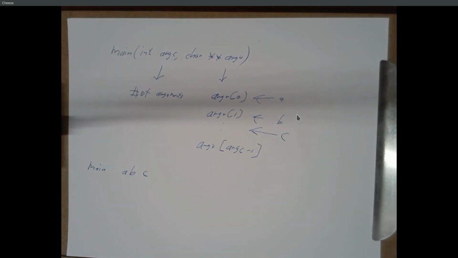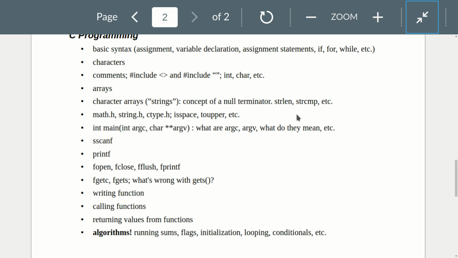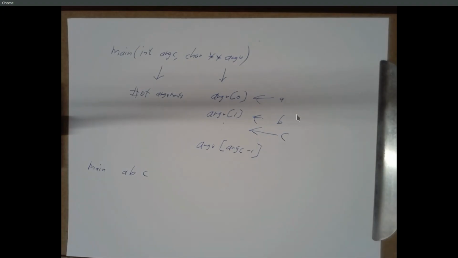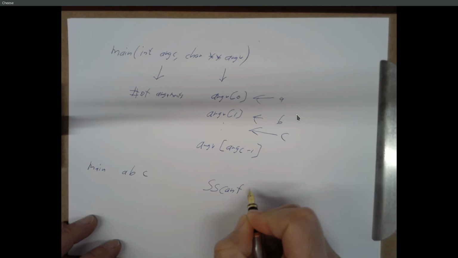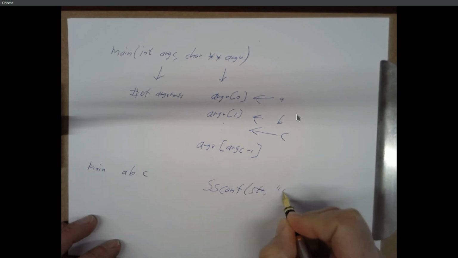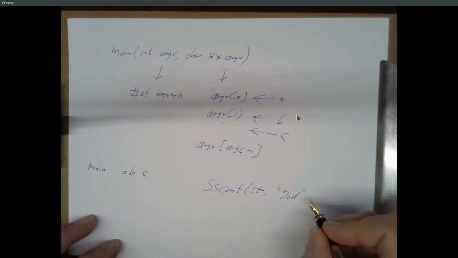So we use those for reading command line arguments, and they come in as strings, and if we wanted an integer, it's going to be a string, a character 1 followed by a character 2 followed by a null terminator. If we want to use that as an integer, we have to convert it, so that's what scanf does. So scanf is a way to take a string and say, you know, I'd like this to be an integer.